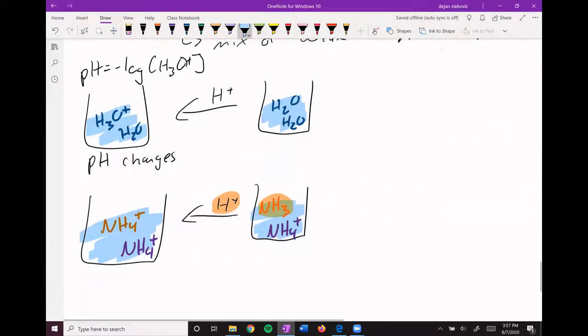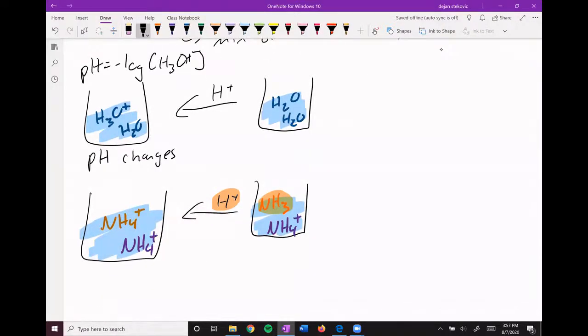And so you can see here that the concentration of H+ is the same as it was before. This H+ did not interact with water. It actually got absorbed. It got buffered by the NH3 to form NH4+. And so if our H+ stayed the same, our pH stays the same. And so you can see how buffers prevent drastic changes in pH.